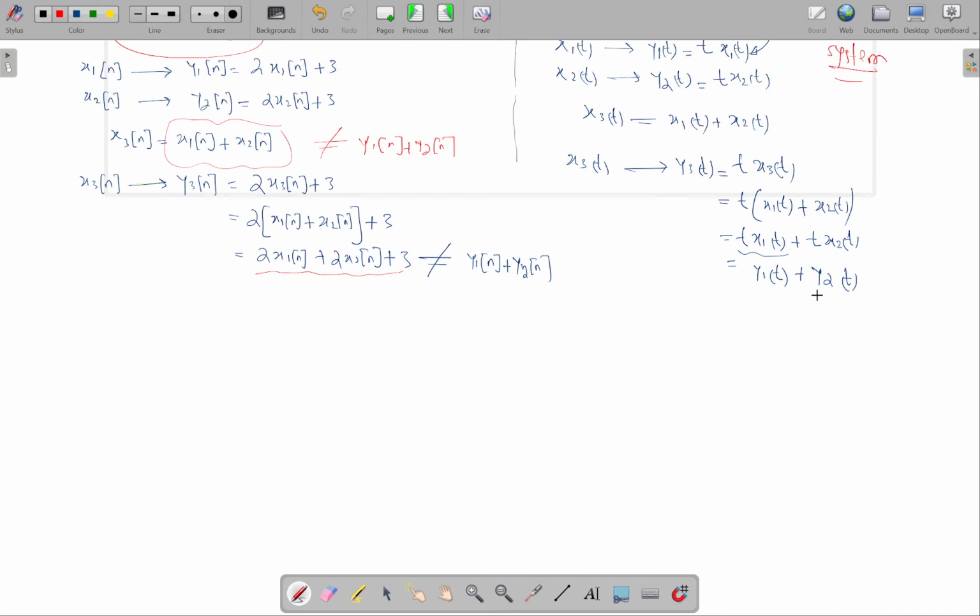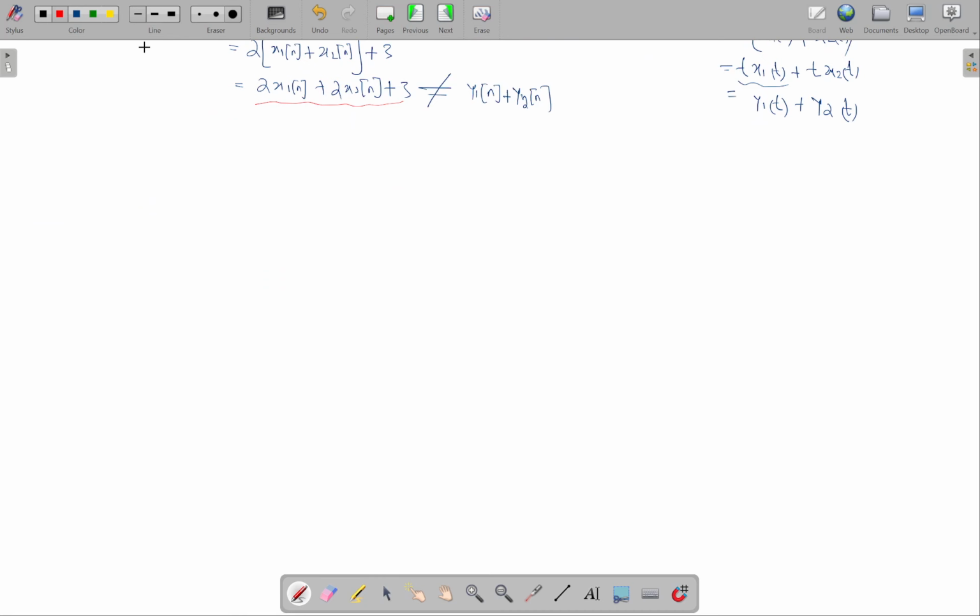So let's take one final example to conclude this part. Let's say my system is represented with this system equation, y(t) = x squared(t).